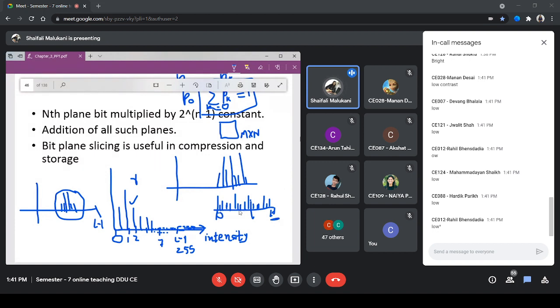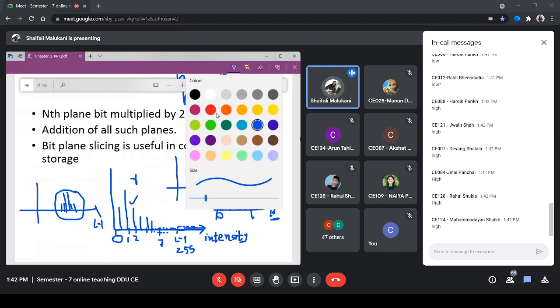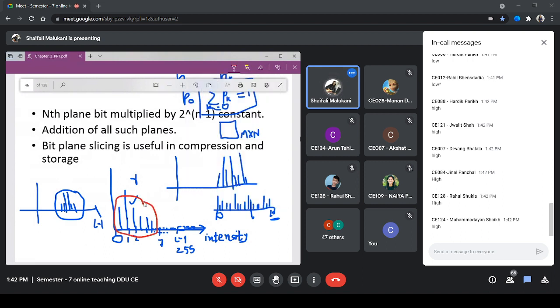So if my histogram is concentrated over the left side, then it is dark. Concentrated over the right side, then it is bright. Concentrated over a certain region only, maybe on the left, maybe on the right, but a very narrow range of intensities, then it is low contrast. And if it is spanning the whole range, then it is a high contrast image.